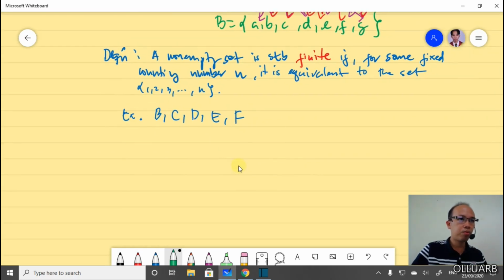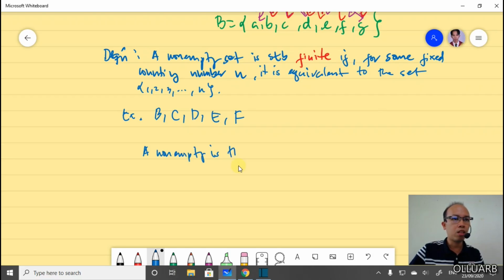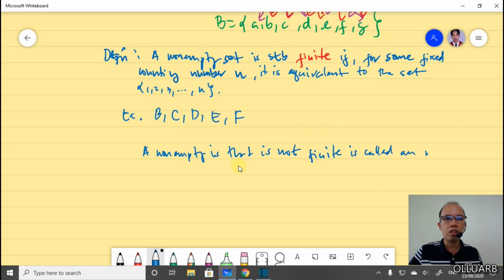A non-empty set that is not finite is called an infinite set.